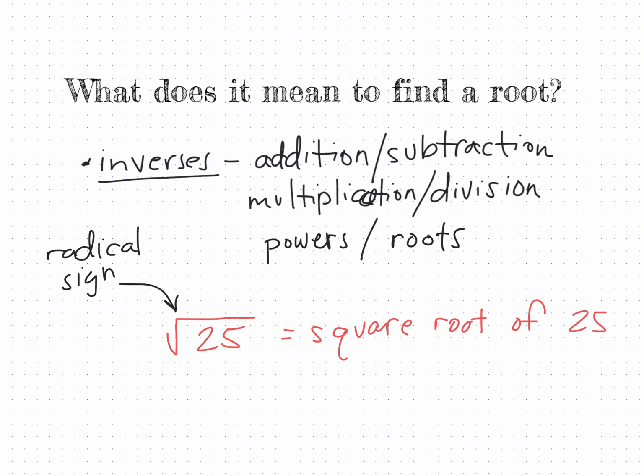So while we could read this as the square root of 25, we could also read this as radical 25. And with that 25 being under the radical sign, it does get a special name. We refer to this as a radicand. And again, that's just the number that we're taking a root of. Now, there are different kinds of root symbols as well. For example, if I wanted to take a cube root instead of a square root, we would do the same type of symbol, but we would also add a small superscript 3 right here in the front of it.